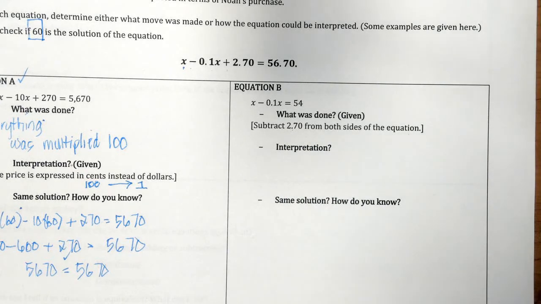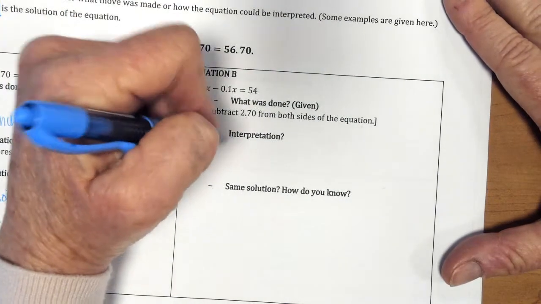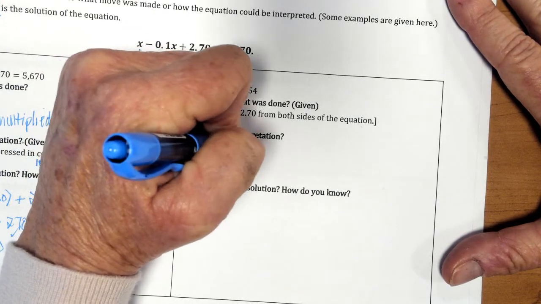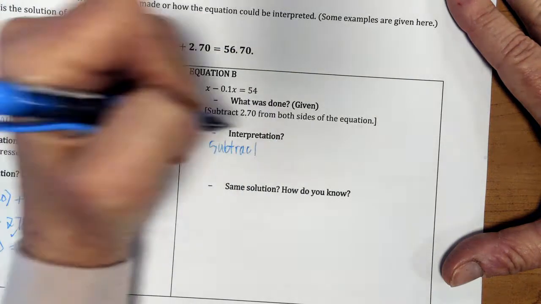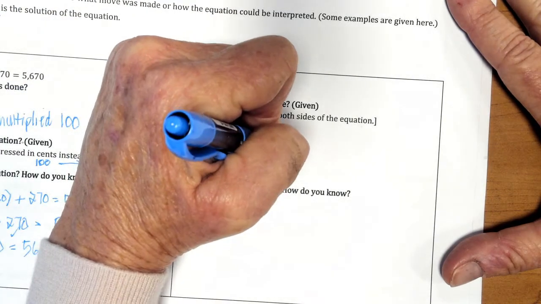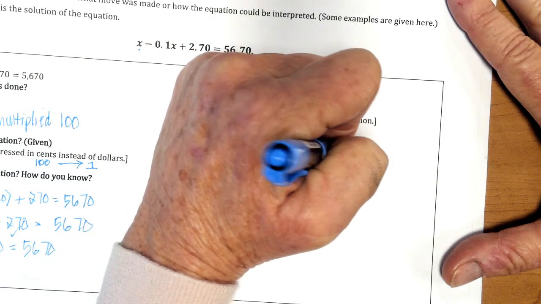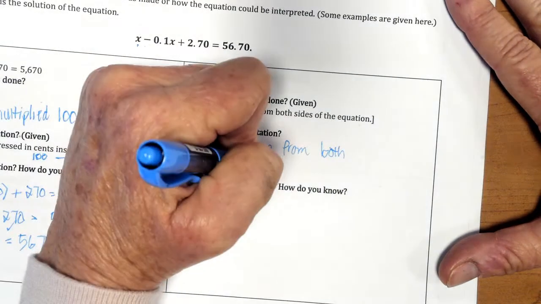Okay, so why did you do that? Well, I balanced it. I did a legal move of subtraction from both sides. I did the same thing.